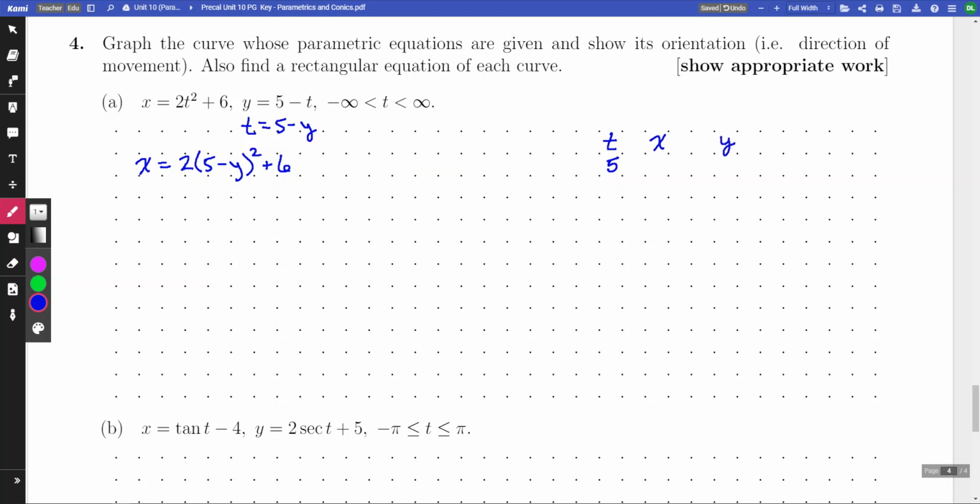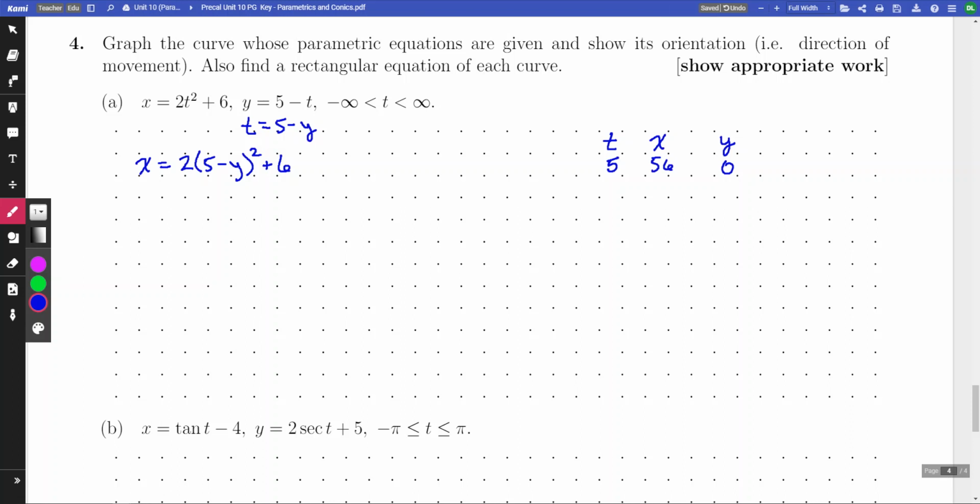In particular, a value of 5 will give me a y value of 0, which is useful. And for x, it's going to be 2 times 5 squared, so that's 50 plus 6, that's 56 for x.